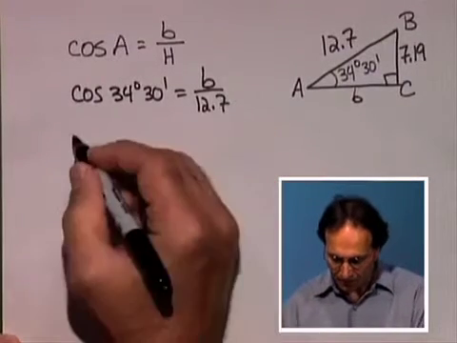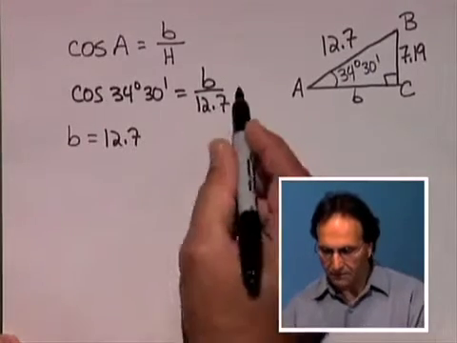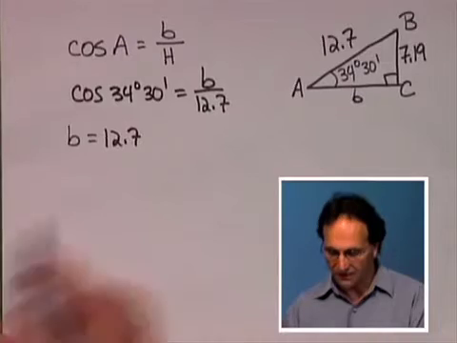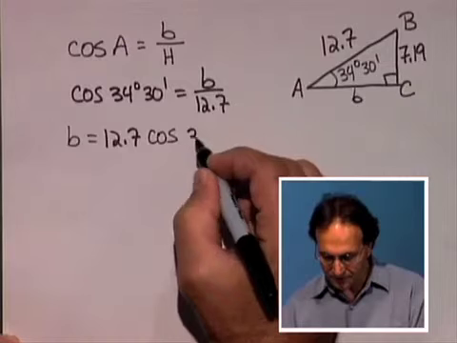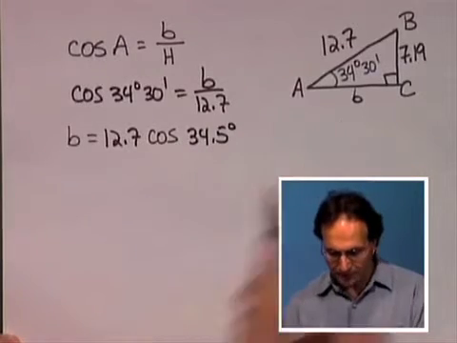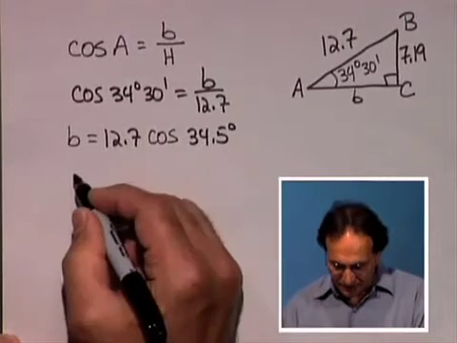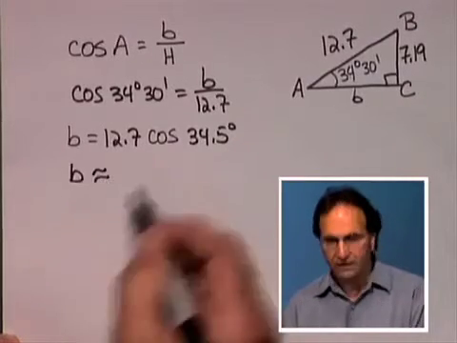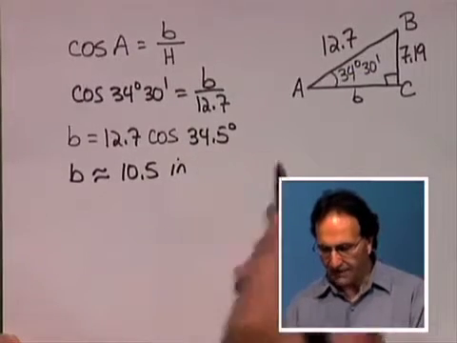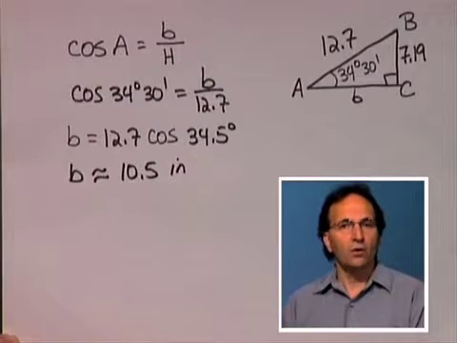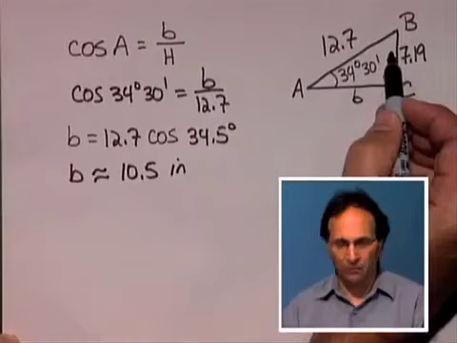Simplifying here, we would have B is equal to 12.7, multiply both sides by 12.7, and convert the 34 degrees, 30 minutes to 34.5 degrees. Enter all of that information into the calculator, and you'll get an approximate value for B, which is 10.5 inches.